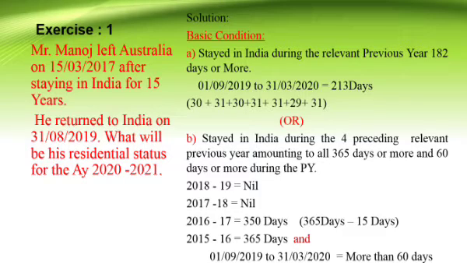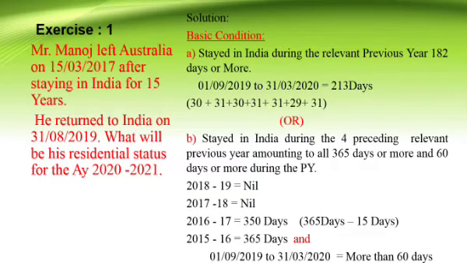That is 2018-19, which is immediately preceding, then 2017-18, 2016-17, then 2015-16. These are our 4 years immediately preceding the relevant previous year. During that period we have to find out whether he has stayed in India or not.